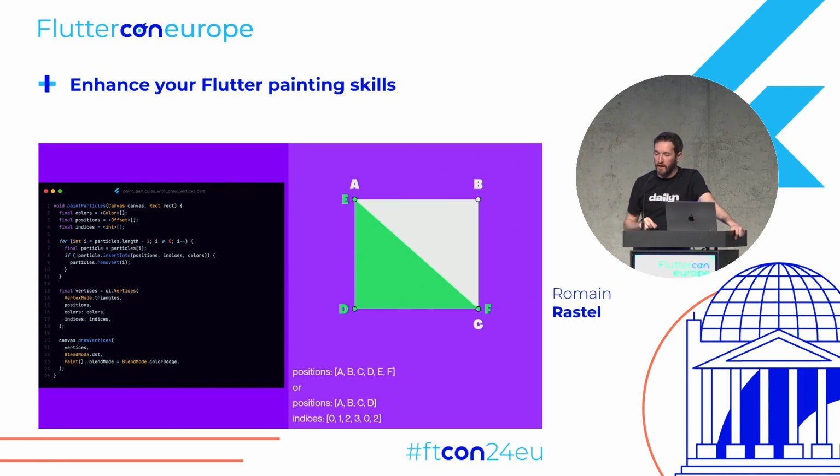That's what I do in line 17. I provide a list of indices. Here, the first triangle will be the points at indices 0, 1, and 2, and then the other one will be the points at indices 3, 0, and 2. We don't need to provide some positions twice, so it will be more performant memory-wise if you have a lot of positions to draw.